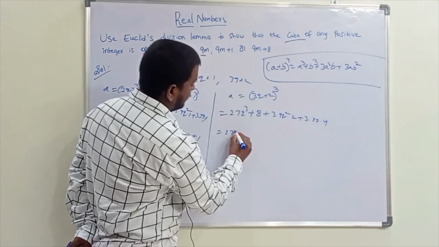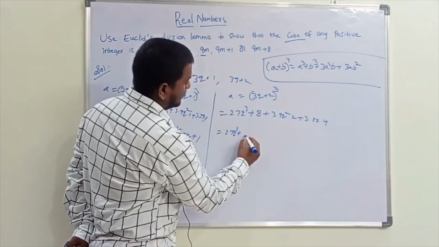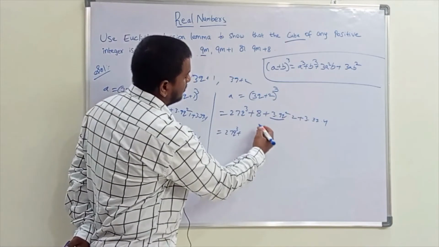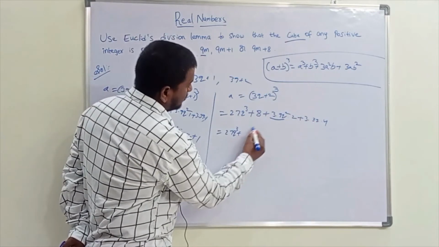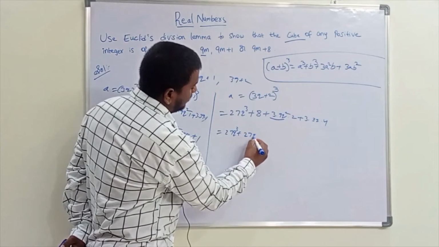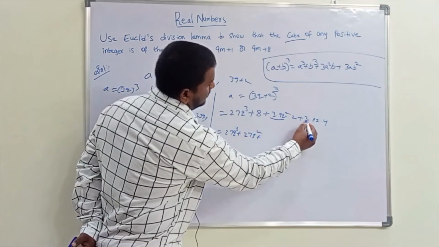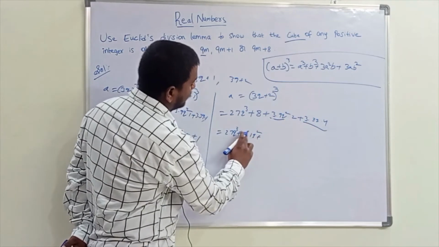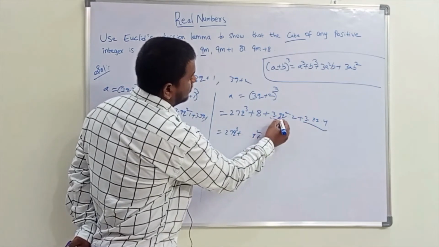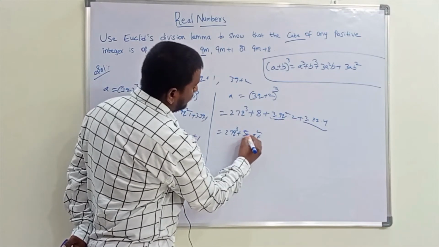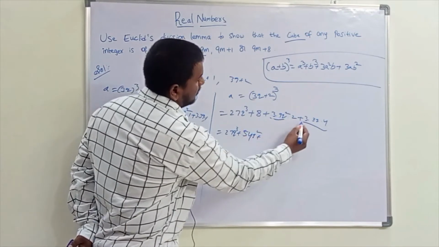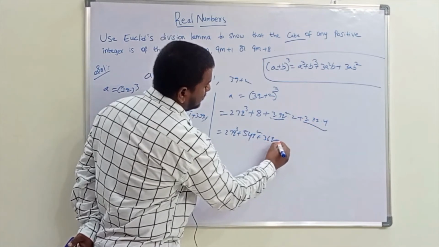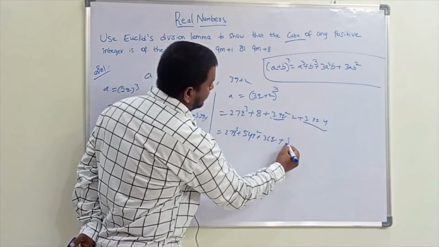So 27q cube plus 54q square plus 36q plus 8 here. 27 into 2 is 54, because 3 9s are 27, and 3 3s are 9, 9 4s are 36.